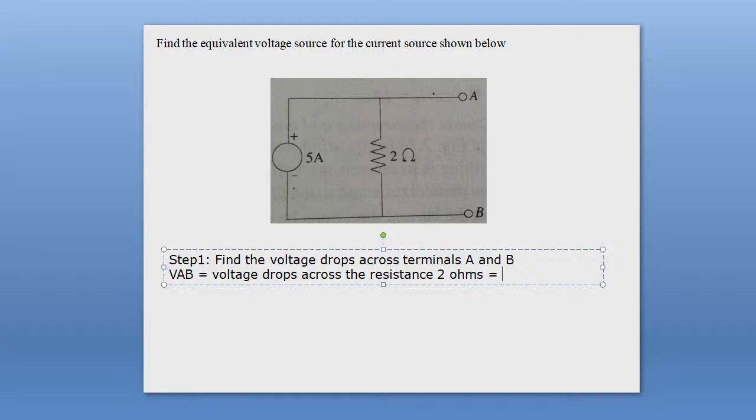That is nothing but 5 ampere into 2 ohm, equal to 10 volt. So the equivalent voltage source will be a voltage source which provides a voltage of 10 volt and has a resistance of 2 ohm in series with it.